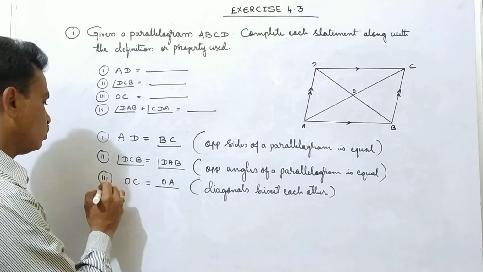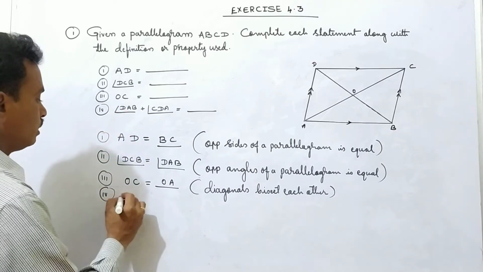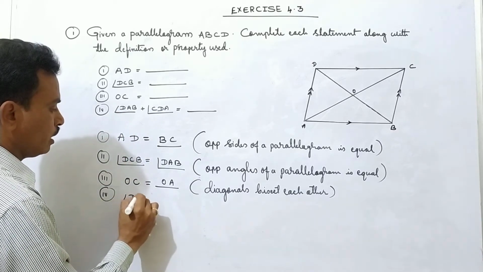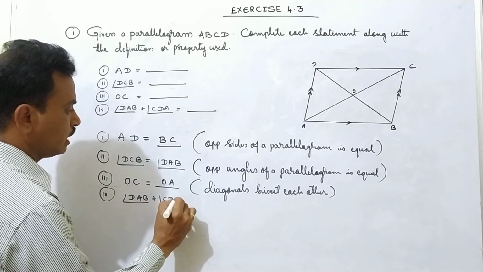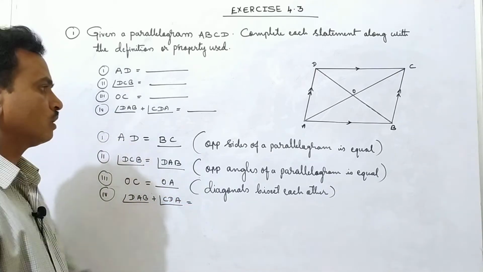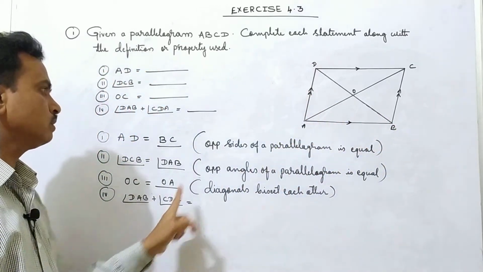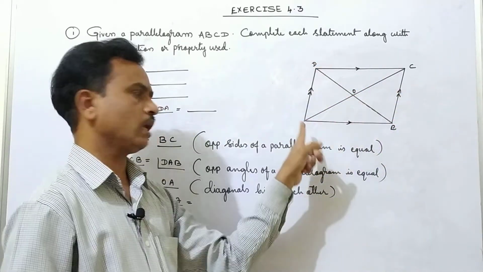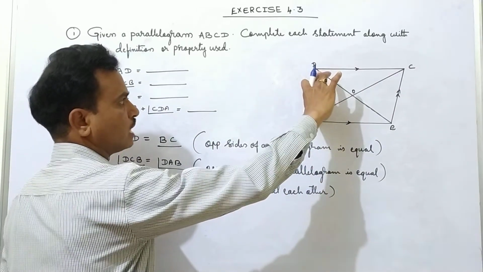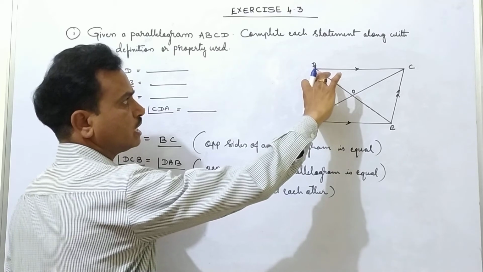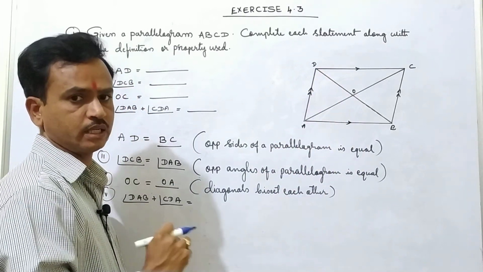Similarly, next point, what is the fourth point? Angle DAB plus angle CDA. Now see here, DAB plus CDA. That means sum of these two adjacent angles is equal to 180 degree.